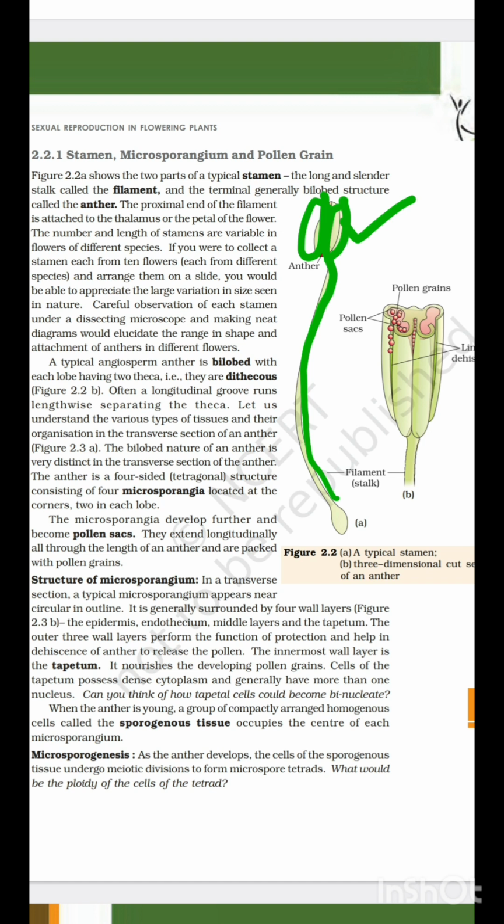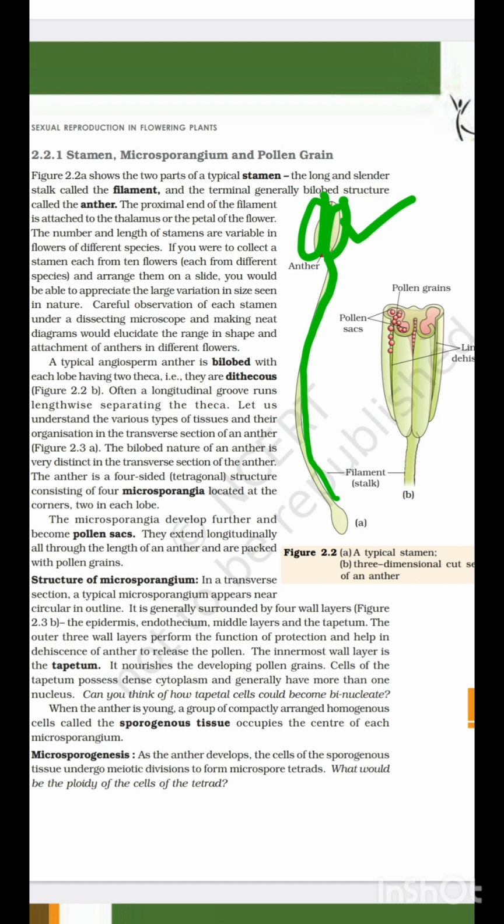If you collect a stamen each from 10 flowers of different species and arrange them on a slide, you would be able to appreciate the large variation in size seen in nature. Careful observation of each stamen under a dissection microscope and making a neat diagram would elucidate the range in shape and attachment of anthers in different flowers.